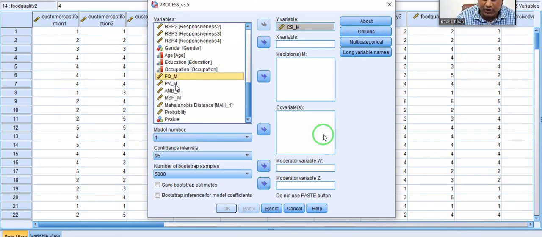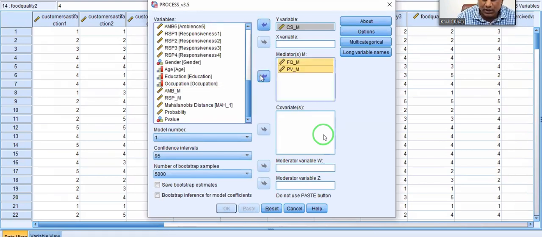Let's say perceived value is X. If you look, I can't put two X or two Y here, only one, and I'll be talking about that in a while.